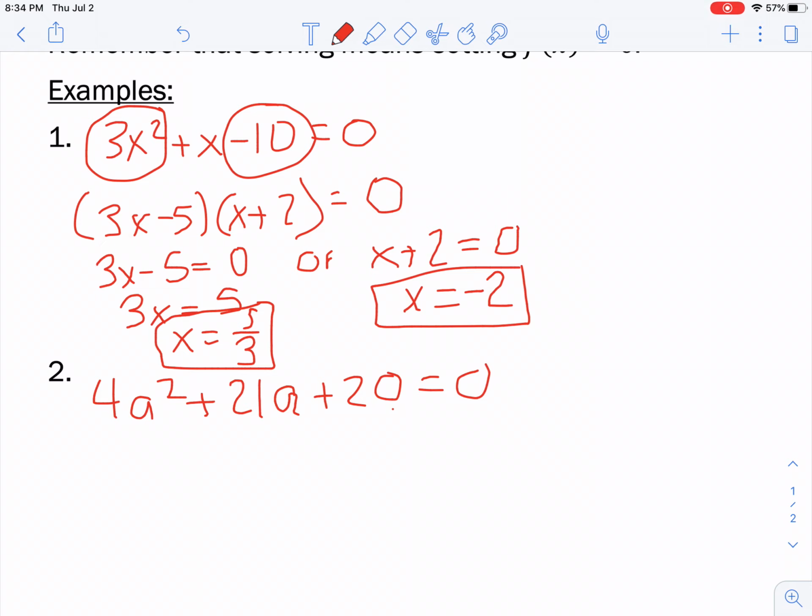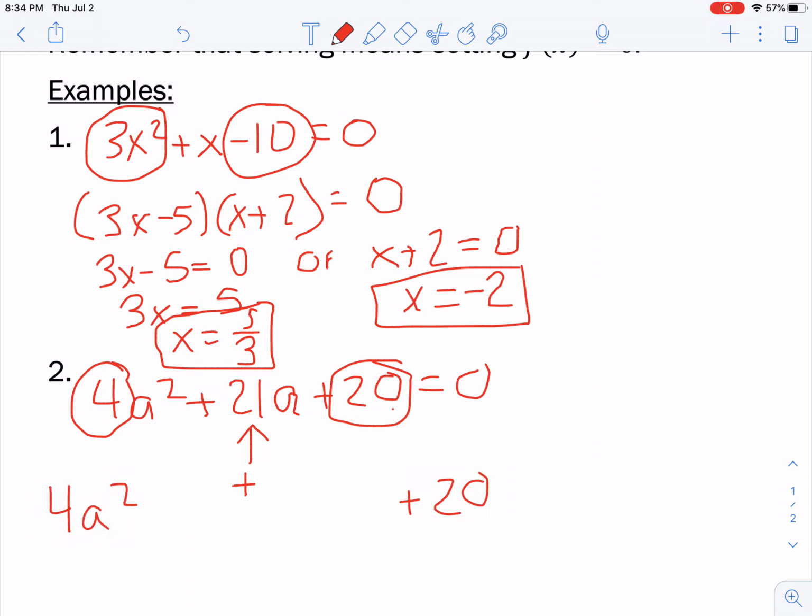So with decomposition, you're looking for two numbers that add to the middle term and multiply to the product of the first and the last term. So in this case, that would be multiply to 80 and add to 21. And so I'm going to leave the first term alone and the last term alone.